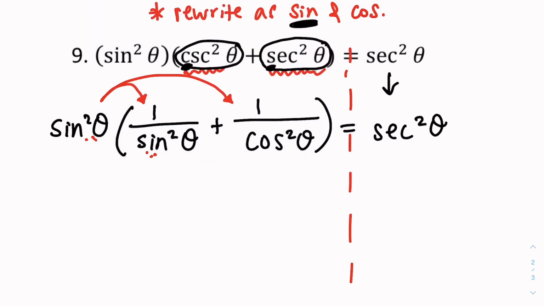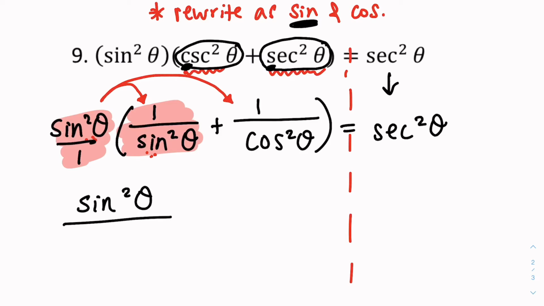So when I distribute, I'm going to put this over 1, multiply straight across. So first, let's multiply this times this. Sine squared theta times 1 is sine squared theta. 1 times sine squared theta is also sine squared theta. Great, now let's distribute to the second term. So we're multiplying the outside guy with 1 over cosine squared.